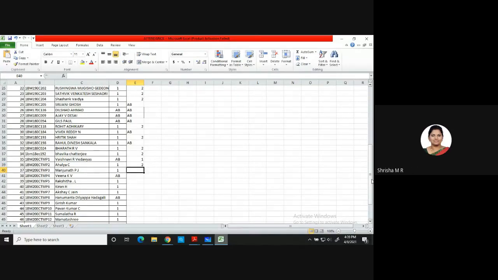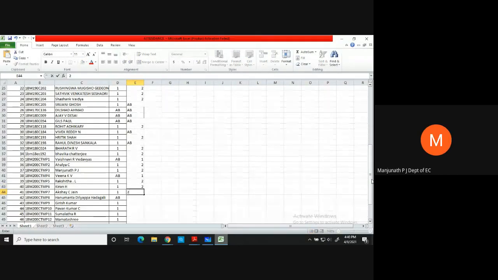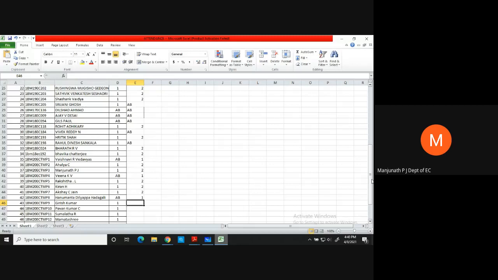Manjunath, present. Veena, present, ma'am. Rakshita, present, ma'am. Kiran H, present, ma'am. Akshay, present, ma'am. Hanumanta, present, ma'am. Girish, present. Kumar, present, ma'am. Pavan Kumar, present, ma'am.